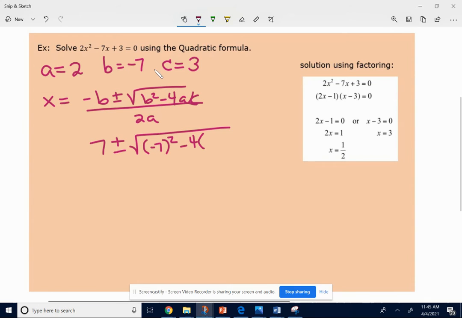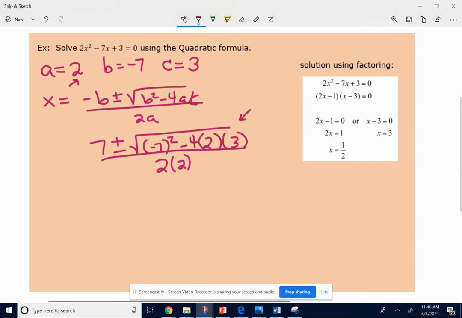I'm just putting the numbers in. A is 2, C is 3, all over 2 times A. A in this problem is the 2, so I put that in there. You're just putting the numbers in really carefully.